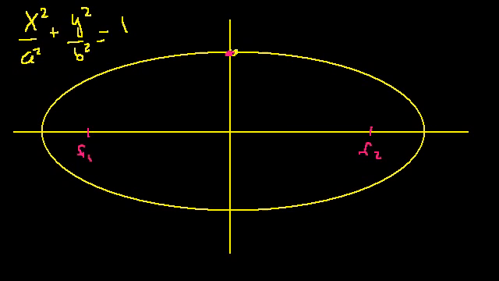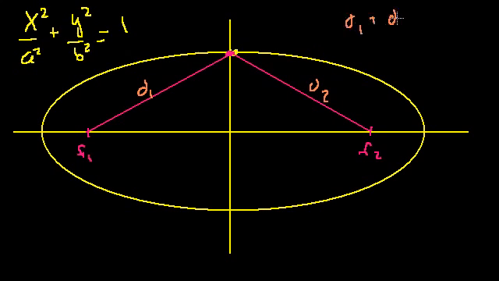So if you take this distance right here and add it to this distance right here, it'll be equal to 2A. Right? So we could say that, if we call this D1, this is D2, we know that D1 plus D2 is equal to 2A.